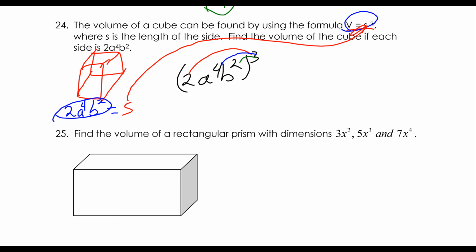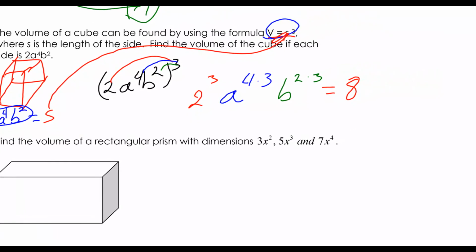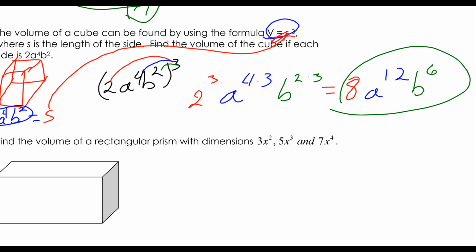So what we have is 2 to the 3rd, a to the 4 times 3, b to the 2 times 3, which is going to equal 8a to the 12th b to the 6th. And it's done.